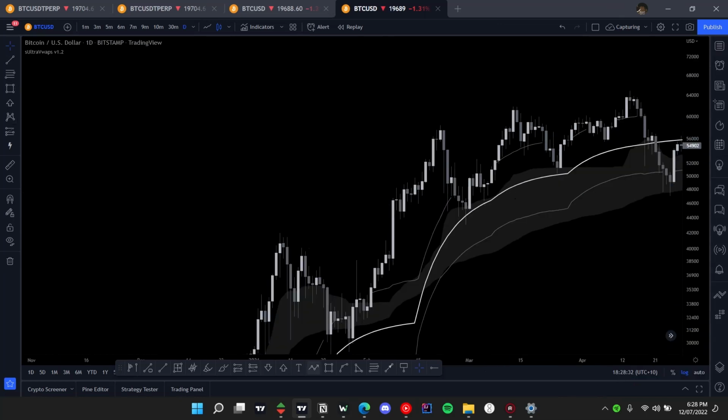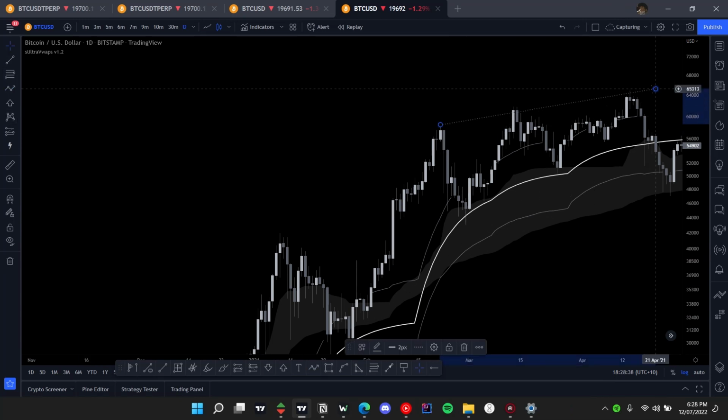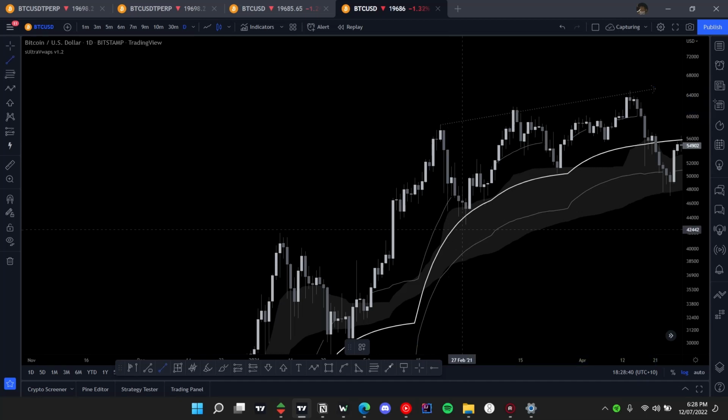Look here, we have a descending triangle coming up. Another way to use this indicator is to check if the volume is thinning, like this. We're forming an ascending triangle which is getting thinner and thinner, and then we broke out.